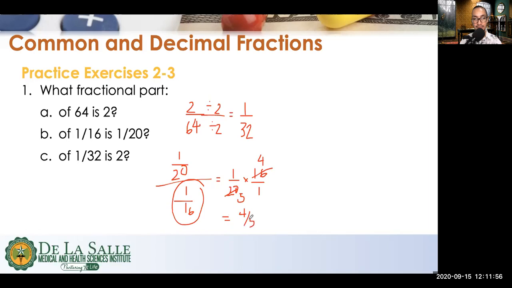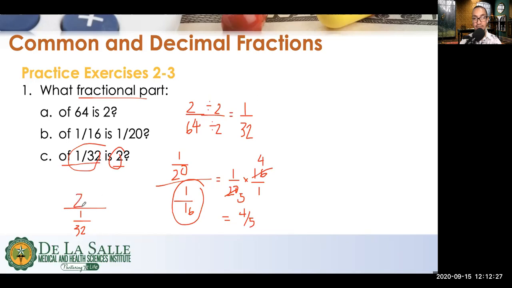And lastly, we have what fractional part of 1 over 32 is 2? Again, dito medyo nakakalito siya, kasi we know that 2 is a whole number and it is definitely bigger than 1 over 32. Pero ang tanong niya kasi is, what fractional part of 1 over 32 is 2? So ibig sabihin, the one that is in the denominator is still 1 over 32, and the one that is in the numerator is still 2.